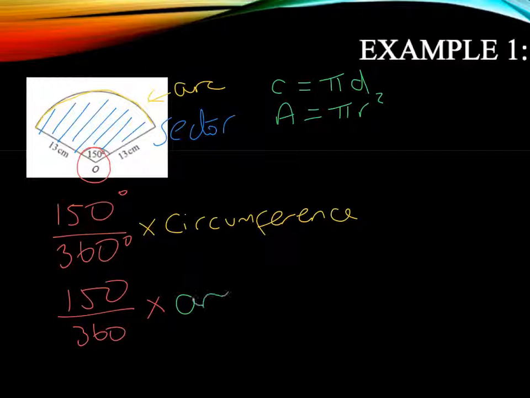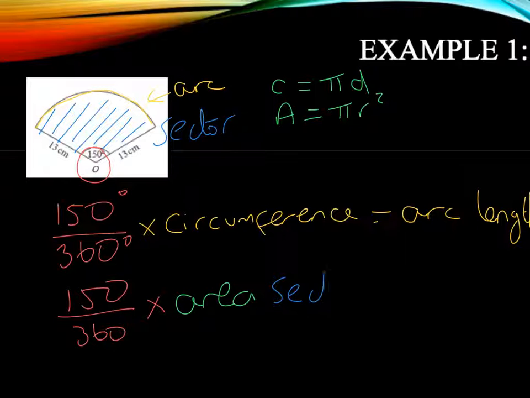So if we wanted the area, then this is how we can do it. So this top bit will give us the arc length. Oh, we've run out of space. And the second one will give us the sector area. So this will give me my sector area.